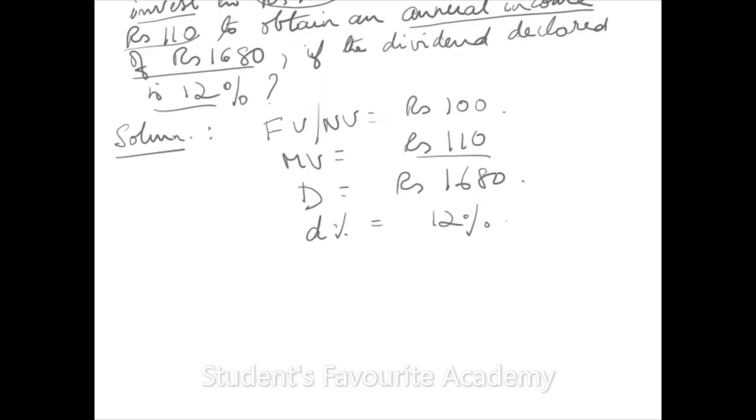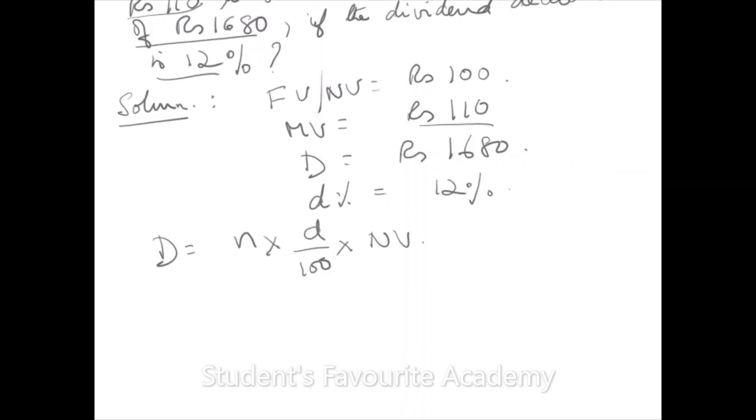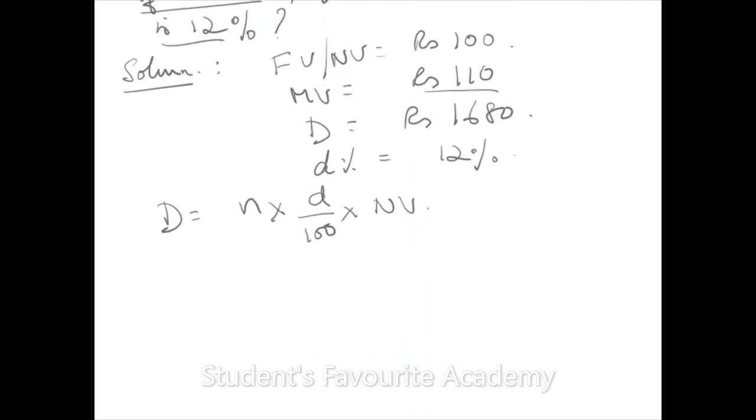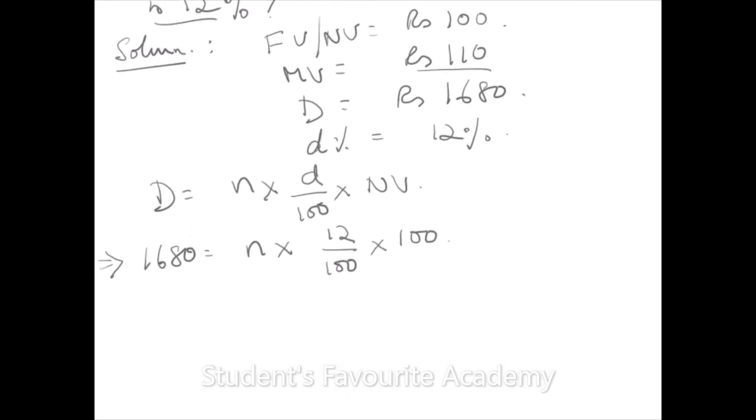So first, according to dividend formula, dividend is equal to number of shares into D percent of the nominal value. So here D we know, substituting the values 1680, number of shares we don't know, D percent we know 12 upon 100, nominal value or face value we know 100, right?